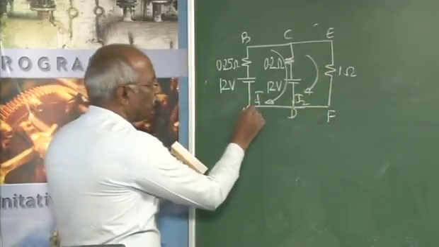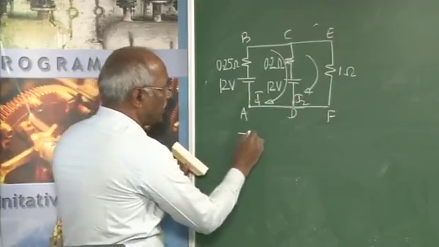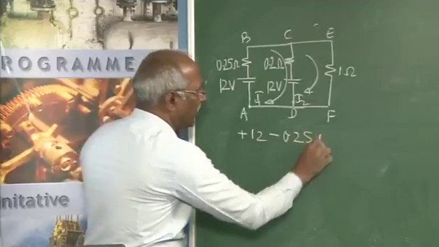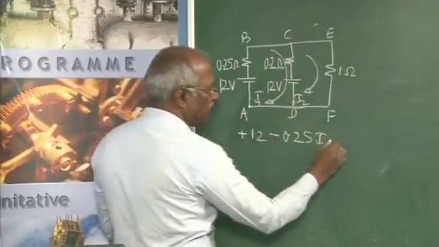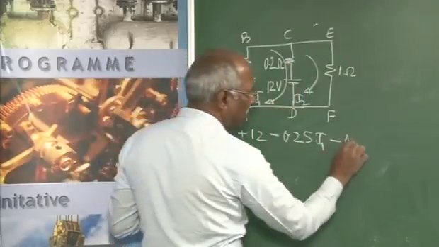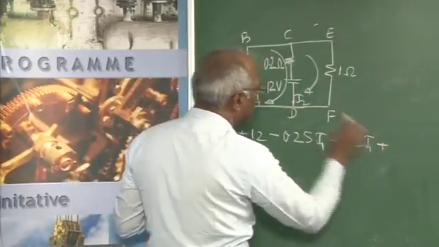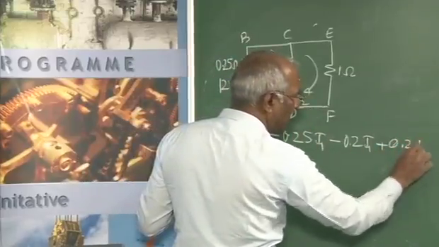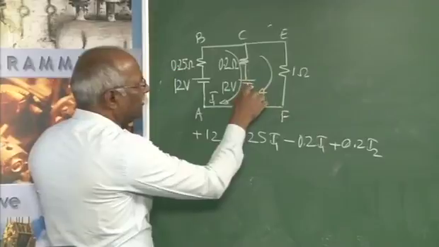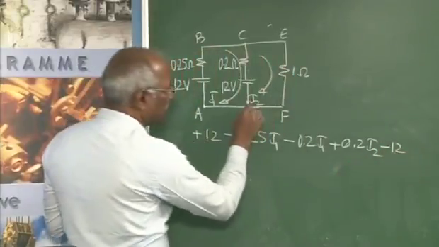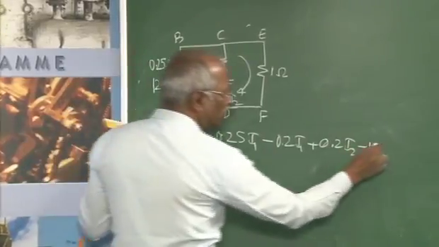For this loop, as I start from here, it is plus 12 minus 0.25 I1, and as I come this way, in this one we have I1, that is 0.2 I1. In the same resistance we have I2, that will be 0.2 I2. Since I am coming from plus to minus, it is minus 12, and I have come to this point, which is equal to 0.